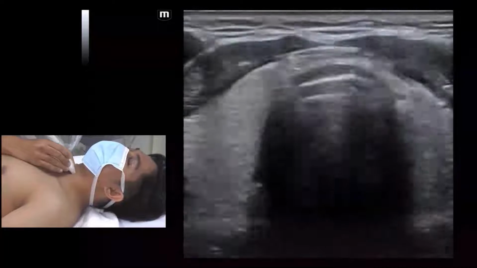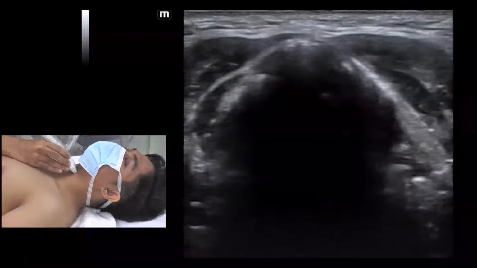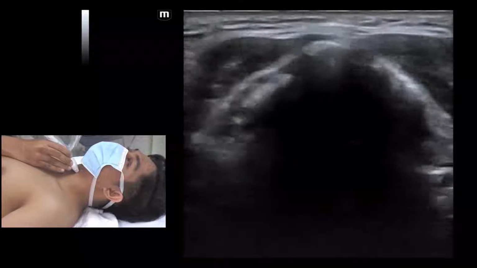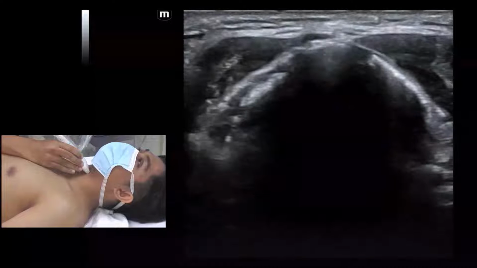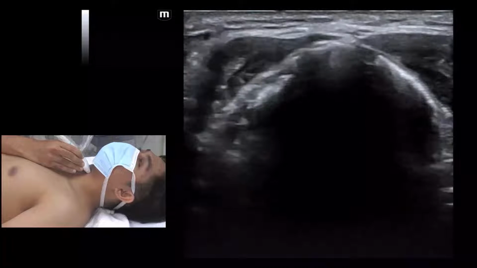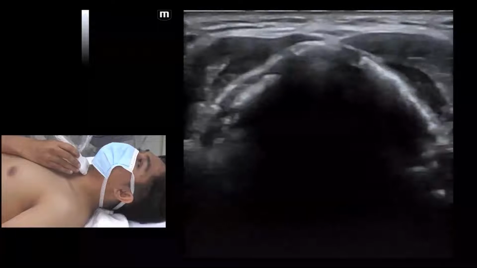One important bit is to look at the centrality of the airway. This is probably best done in the longitudinal view, particularly if you're dealing with a trauma case or a case with goiter where you want to confirm that the airway is where it should be, which is in the central part of the neck.